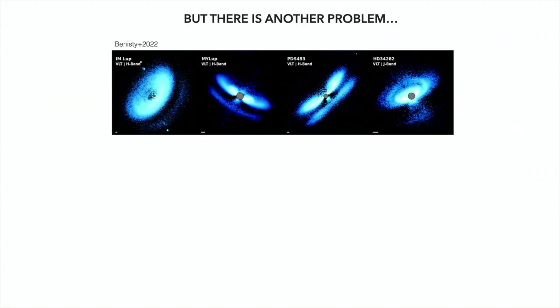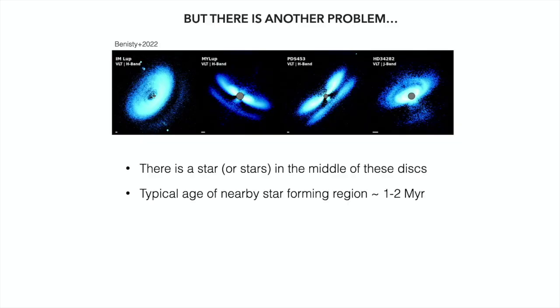All right, but let's talk about the other problem. We've got a star, or stars, and we don't have a long time. These star forming regions are 1 to 2 mega years old. So just do a back of the envelope calculation. Let's not give the answer away.